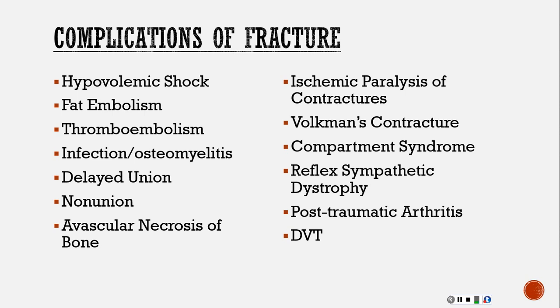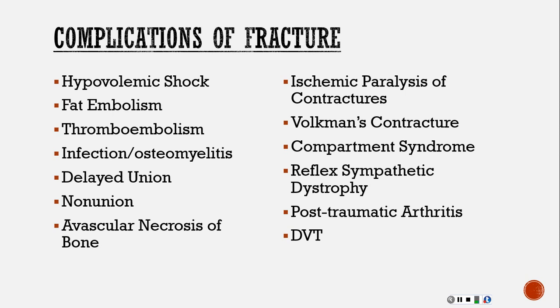This is a classic manifestation, but it's usually a late sign. If you see the rash, it's usually a later sign. You're going to have the altered mental status, chest pain, and dyspnea first, usually. Then that rash starts to develop.